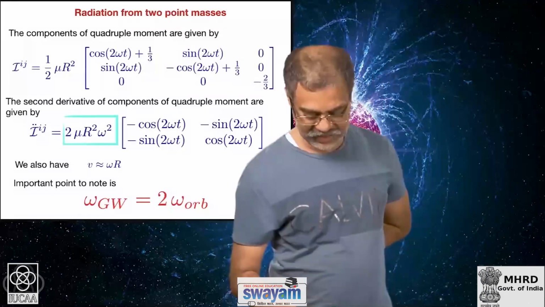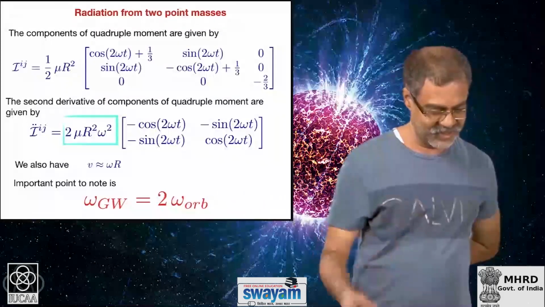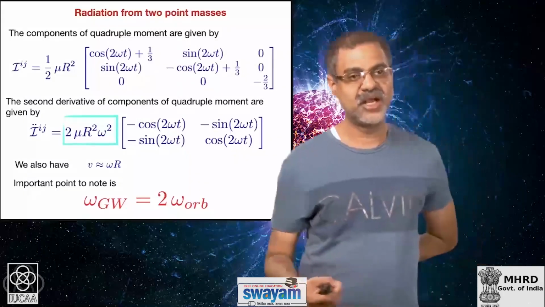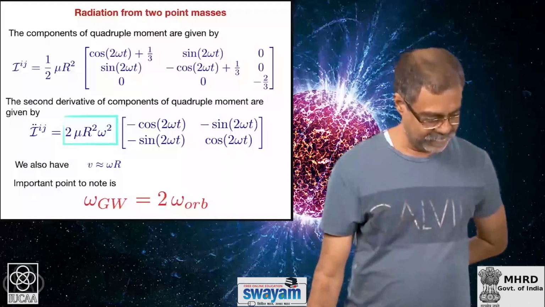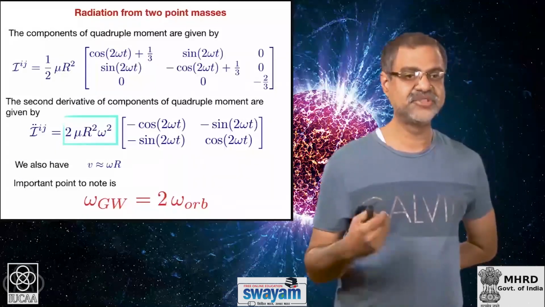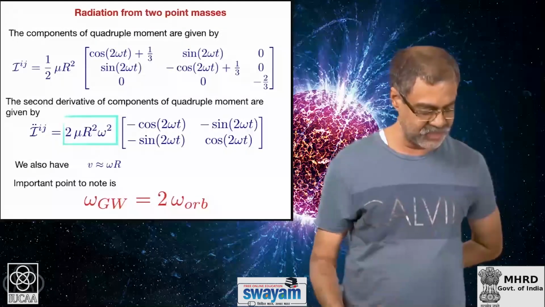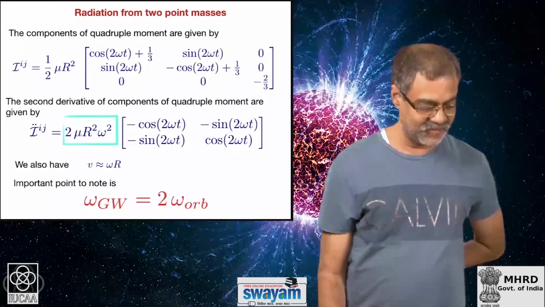These two are the important formulas for the compact or two point masses emitting gravitational radiation. Their frequency depends on twice the orbital frequency, and the amplitude depends on the square of the velocity of the system.